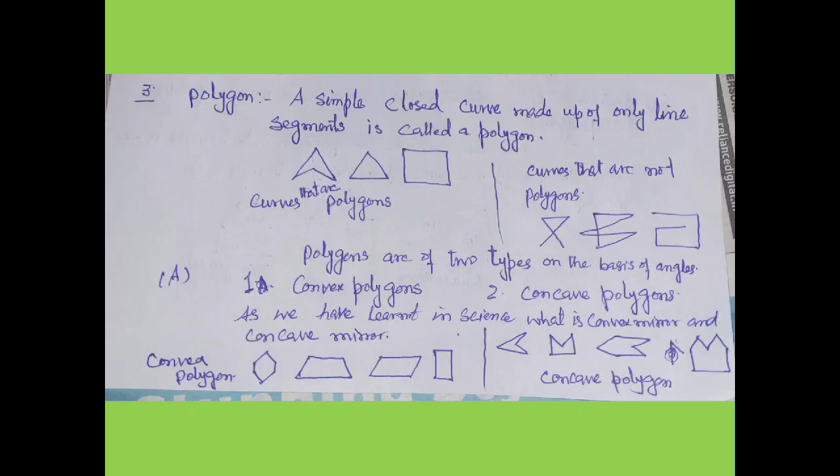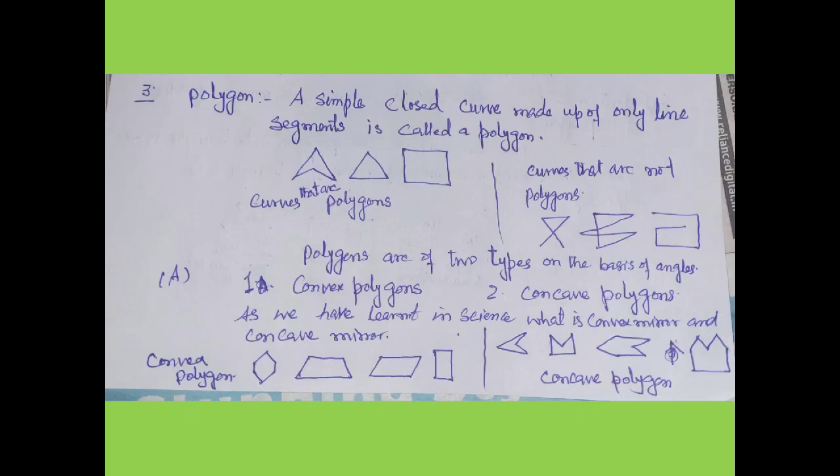Polygons are of two types on the basis of angles. If we talk about the types of polygons on the basis of angles, then there are two types: number one, convex polygons, number two, concave polygons. We have learned in science what a convex mirror and a concave mirror are. The same is the case here.